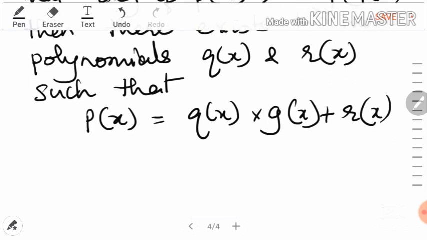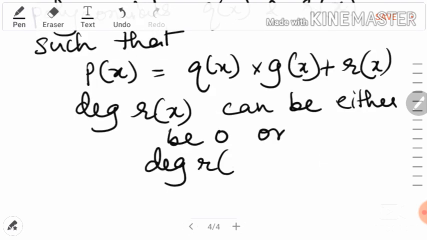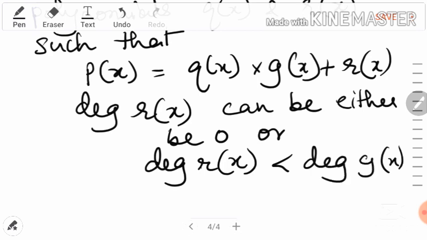where the degree of the remainder polynomial can either be 0 or it will always be less than the degree of the divisor polynomial.